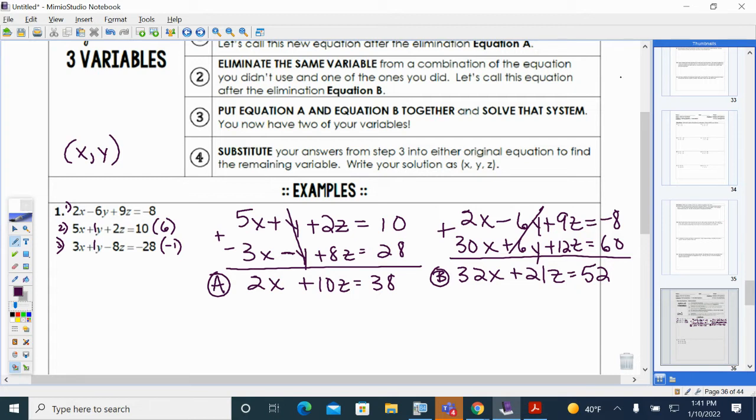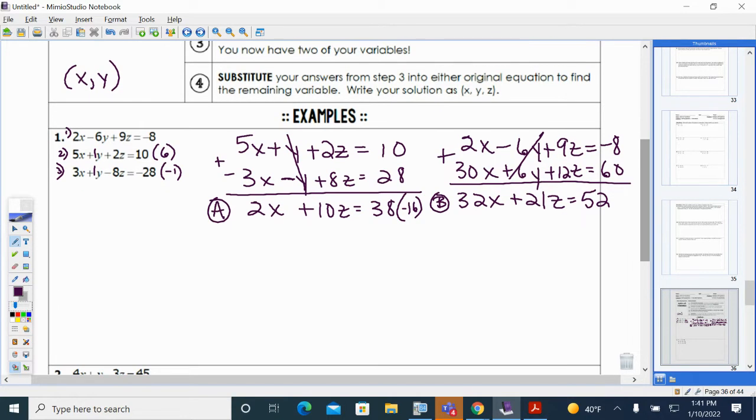If I multiply equation A by negative 16, I can create x's that will eliminate. So let's do that. I'm going to multiply equation A by negative 16 and put it underneath equation B. So 2x times negative 16 is a negative 32x.